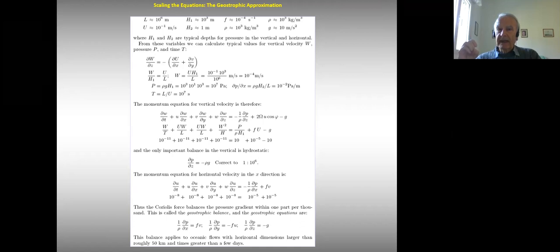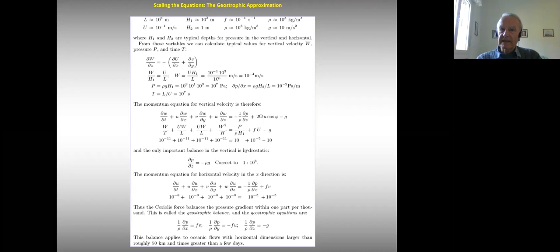We obtain then the typical value of the pressure. We obtain the time. The time scale is 10 to the 7 seconds. So we have obtained the typical time scale, which later on will give us the order of magnitudes of the terms in the equation of motion.